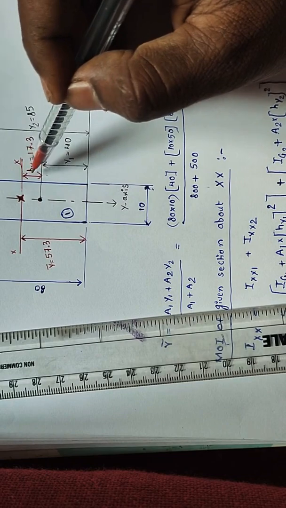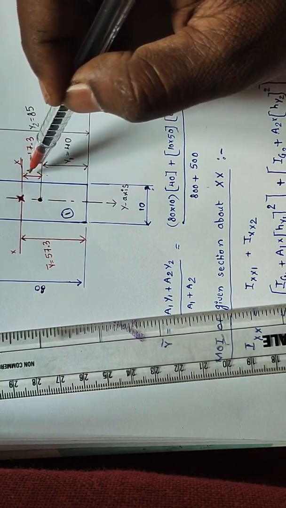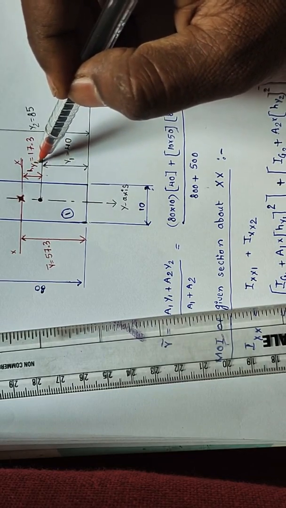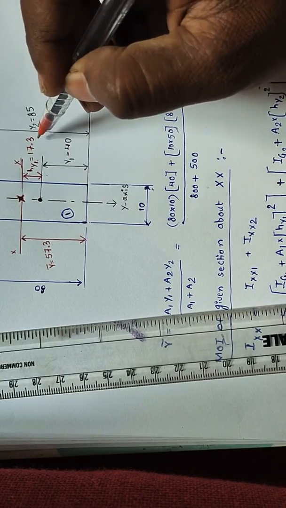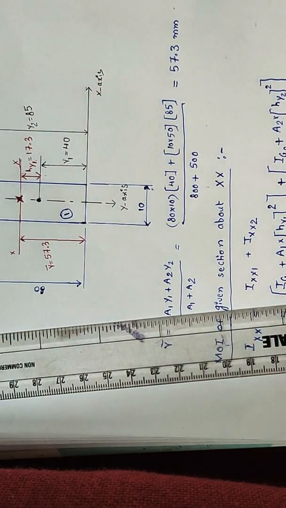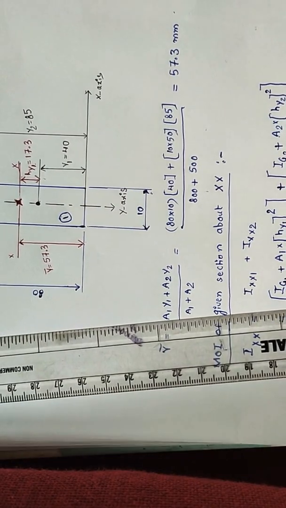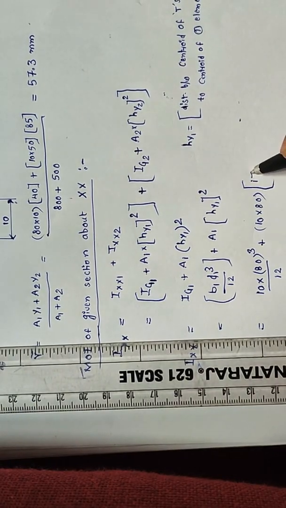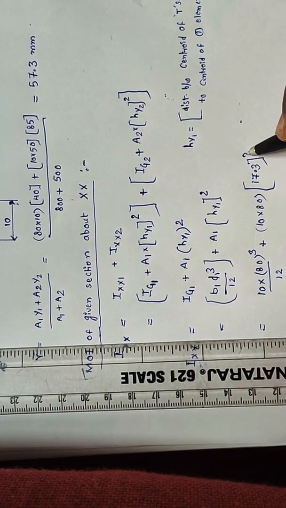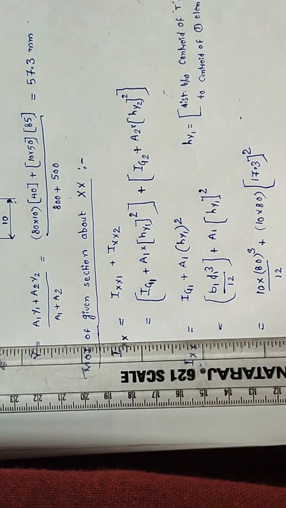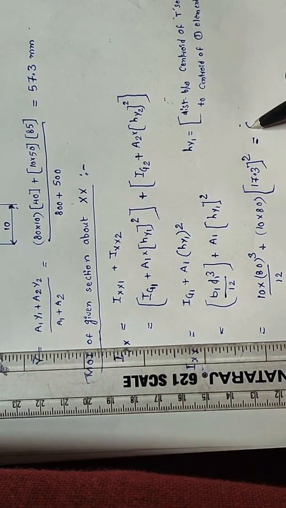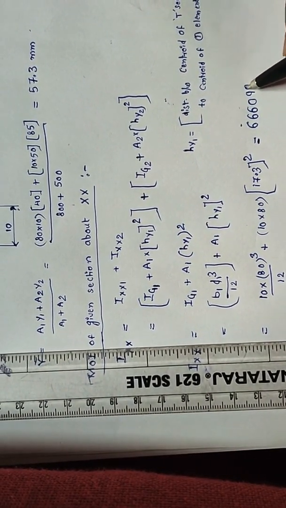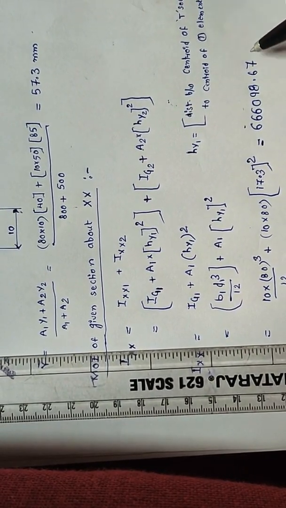So the difference between these two central axes we represent with hy1, which is 17.3 mm, into 17.3 whole square. If you calculate, you may get some 6098.67.